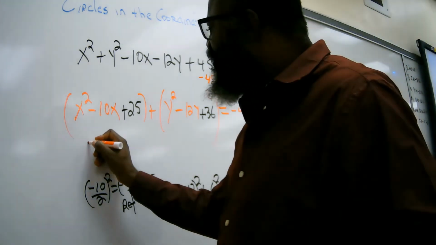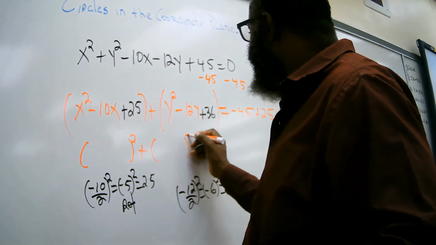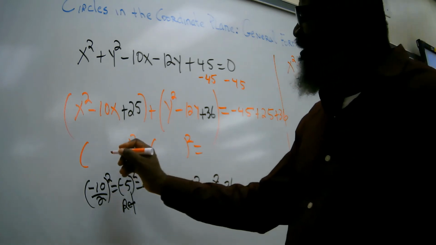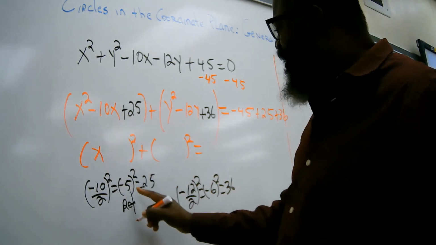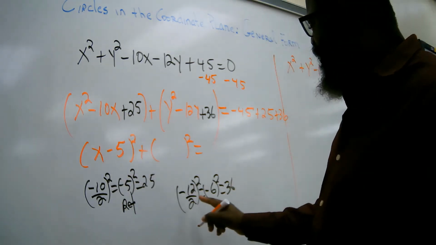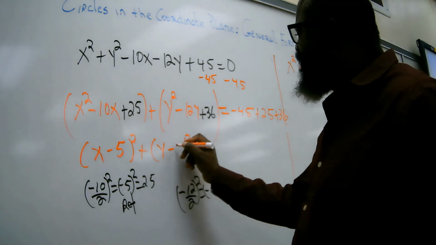So that's going to be something squared that goes here, something squared that goes here, then you simplify that. So the first term is x, you put x, and that negative 5 as a reference goes here. And the next term is y, that's minus 6.